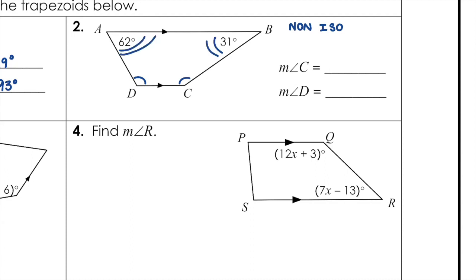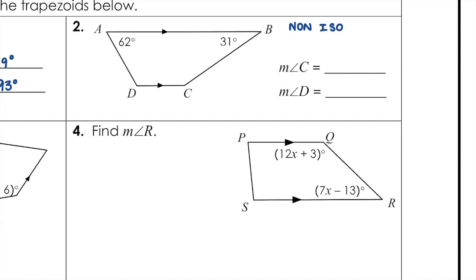A trapezoid has two bases, a top base and a bottom base. So are either one of them congruent? No. So that would definitely say this is not an isosceles trapezoid. So what's the only rule we know exists? The leg angles are supplementary.